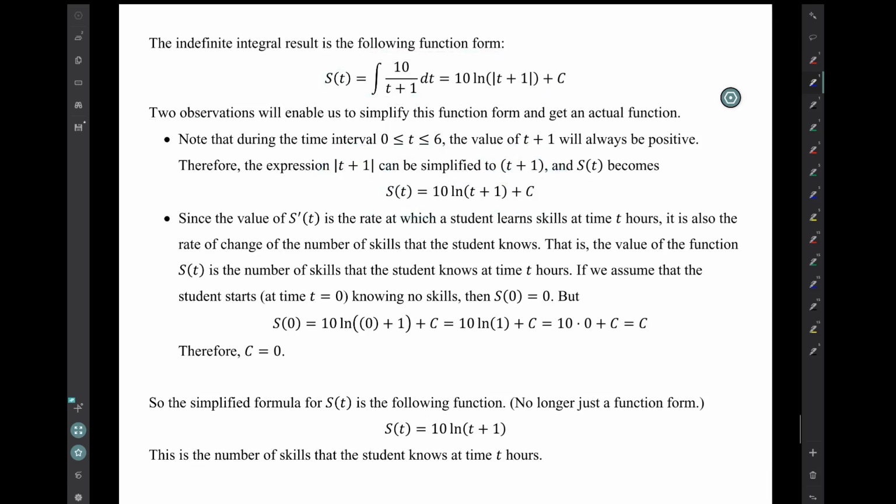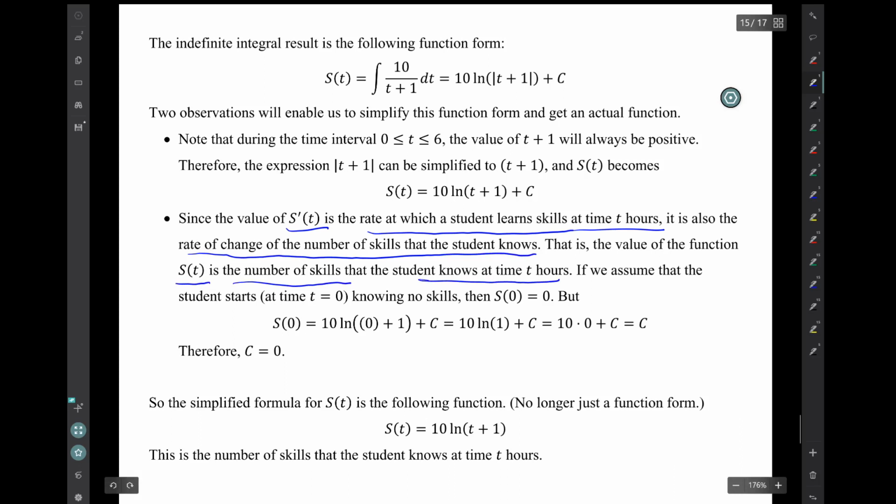The other observation is that since capital S prime is the rate at which a student learns skills at time t hours, it's also the rate of change of the number of skills that the student knows. So that means that the value of the function capital S is the number of skills that the student knows at time t hours. If we assume that the student starts, that is at time t equals 0, with no skills, then that means that capital S parentheses 0 has to equal 0.